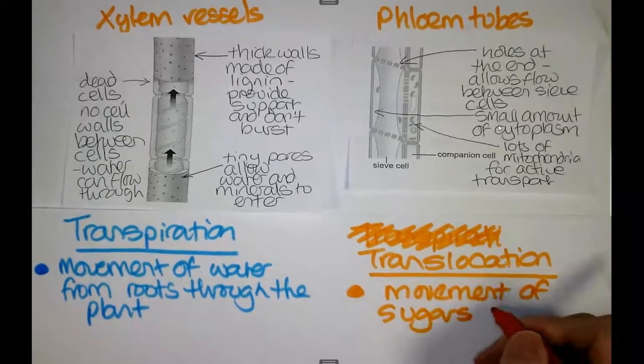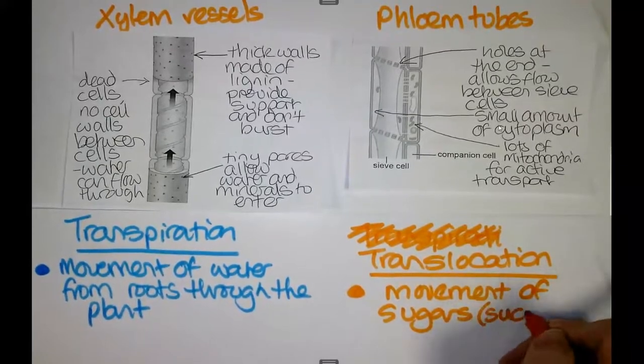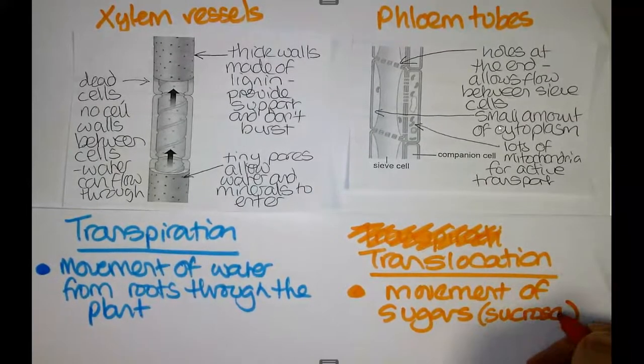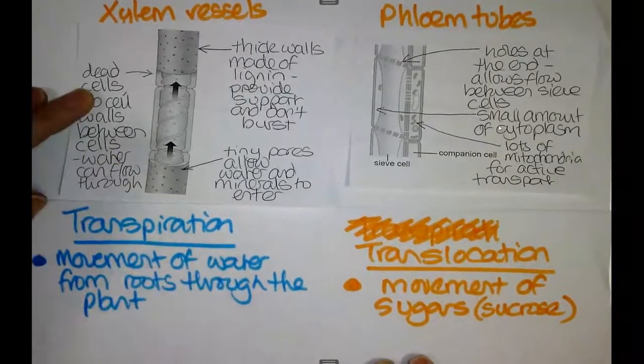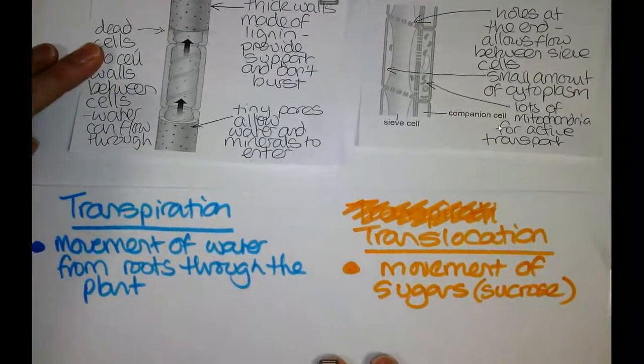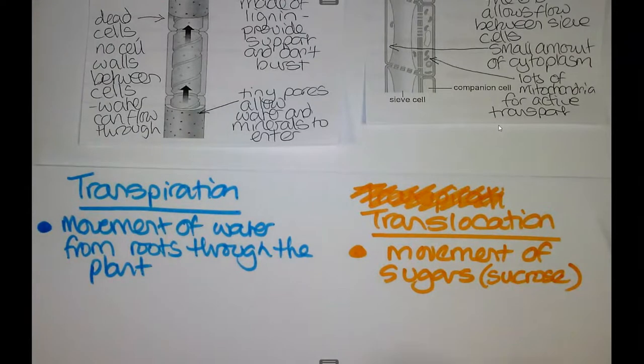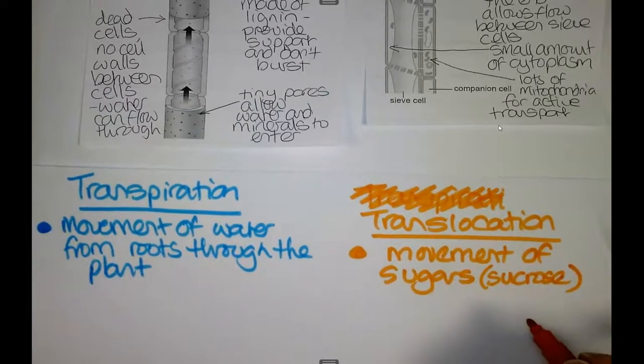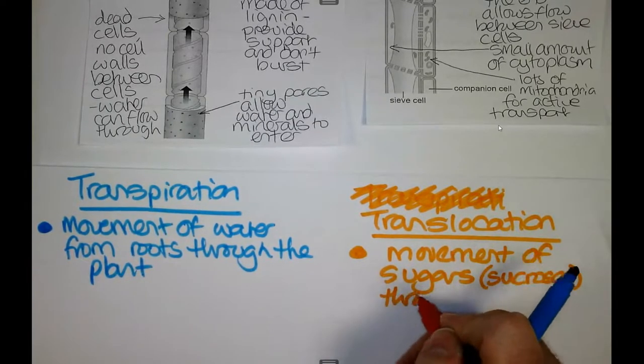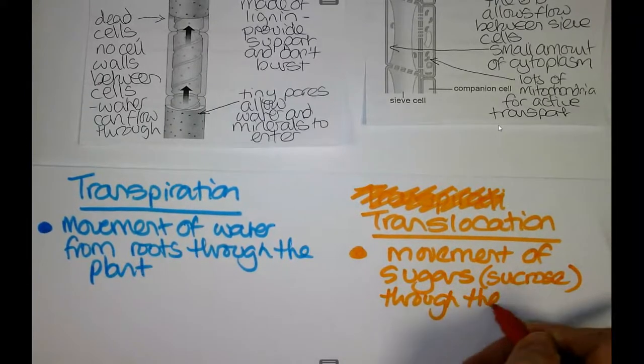Now, in fact, it's sucrose that is the sugar that's transported. And you might remember that's due to the effect of osmosis, because if it was transported as glucose, it would start to affect the osmosis of cells. So it's movement of sugars through the plant.